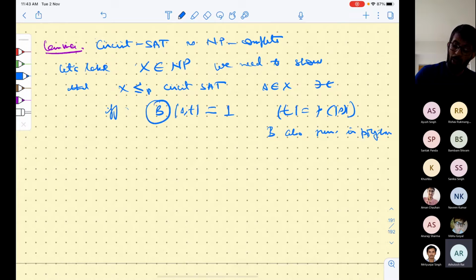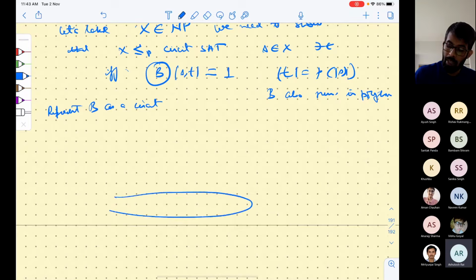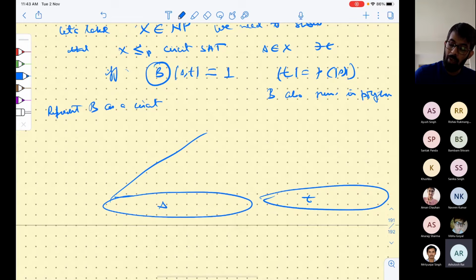But B is an algorithm, right? What does an algorithm do? A modern computer or any such thing does AND, OR, NOT operations only, right? So we'll represent B as a circuit. Below, we'll have S and T as input, and then we'll make a circuit out of B, with a final node.